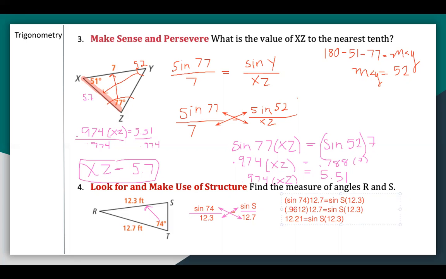We got this equation by cross multiplying: sine of 74 times 12.7, and 12.3 times the sine of S. Then we simplified the sine of 74 to be 0.9612, and 0.9612 times 12.7 to get 12.21. At this point, I can divide 12.21 by 12.3, and I am going to get 0.992 to be equal to the sine of S.